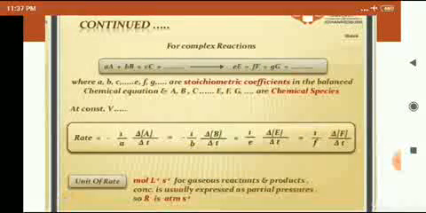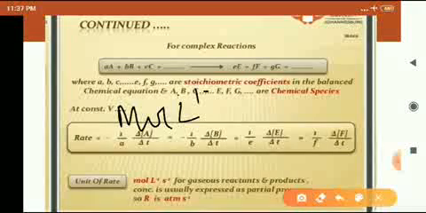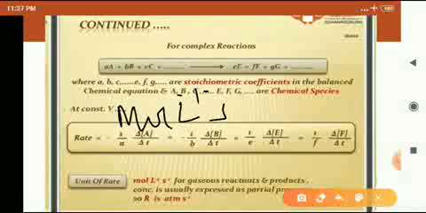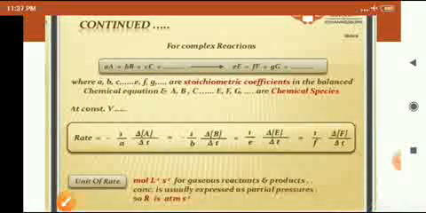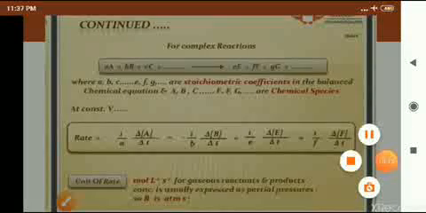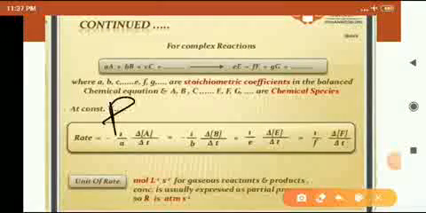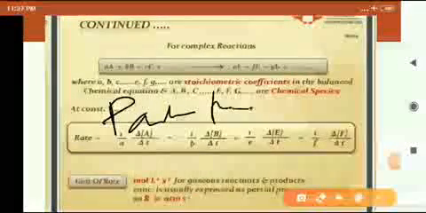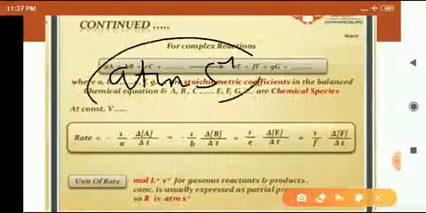So it comes out to be mole per liter per second. In case of gaseous reactions where the concentration is to be expressed in partial pressures, the unit comes out to be atmosphere second inverse.